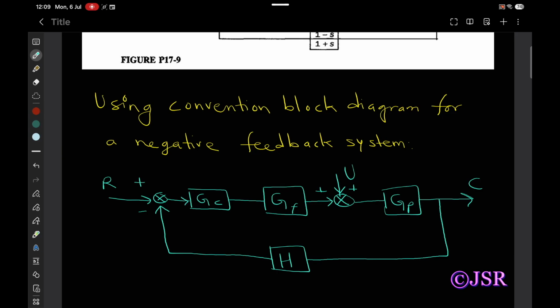This way we get the negative feedback loop system for any process.